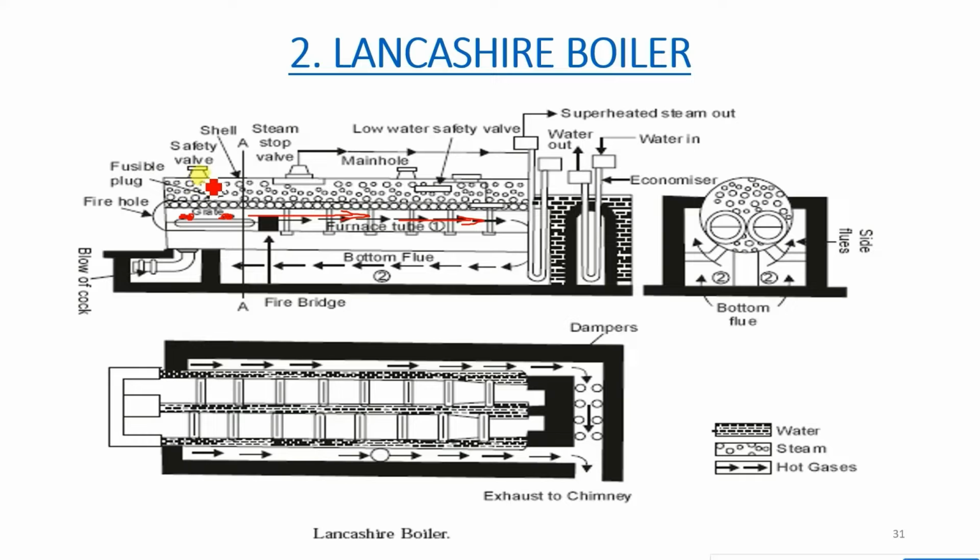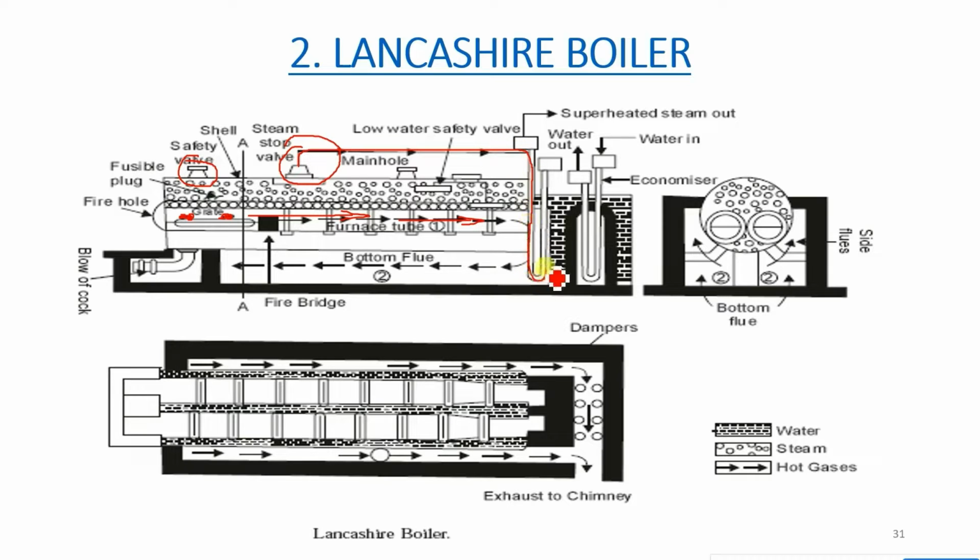Outer shell has some mountings. Outer shell consists of a safety valve to prevent boiler from high pressure. Then steam stop valve for supplying steam. Steam stop valve supplies steam to the superheater.